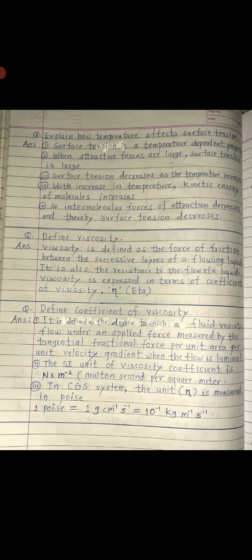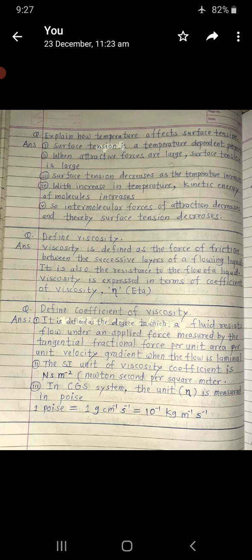It is defined as the degree to which a fluid resists flow under an applied force, measured by the tangential frictional force per unit area per unit velocity gradient when the flow is laminar.